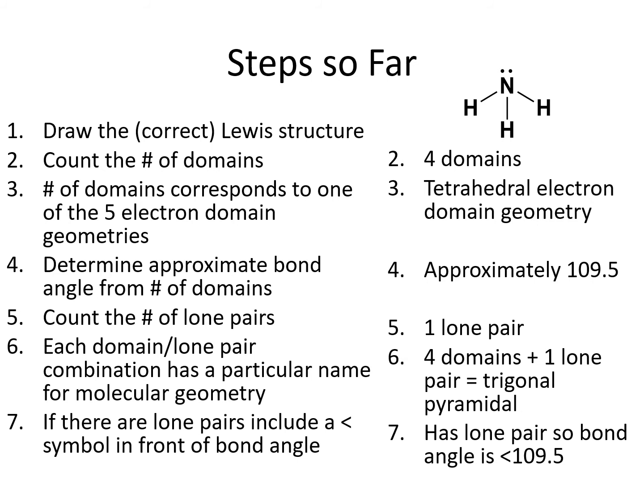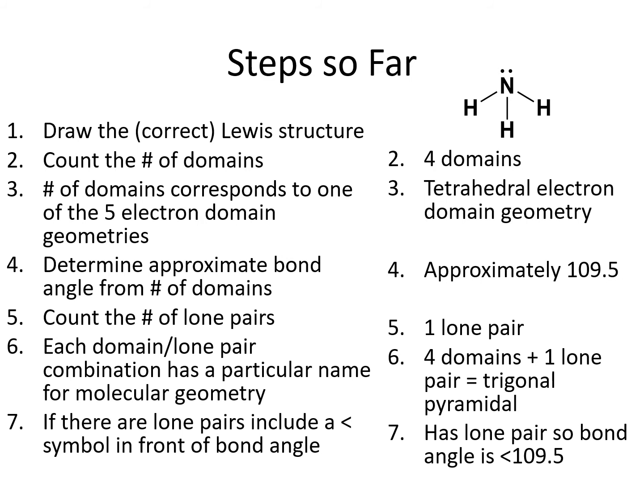You can also determine the approximate bond angle from the number of domains or from the electron domain geometry. A molecule that has 4 domains and is tetrahedral has approximate bond angles of 109.5 degrees. You can also count the number of lone pairs on the central atom. Ammonia has 1 lone pair on the nitrogen. From the number of domains and number of lone pairs, you can deduce the molecular geometry.